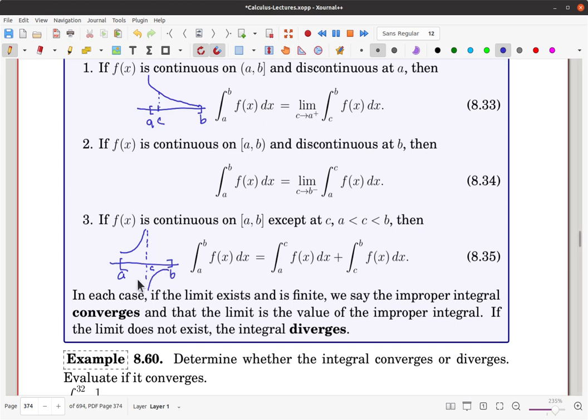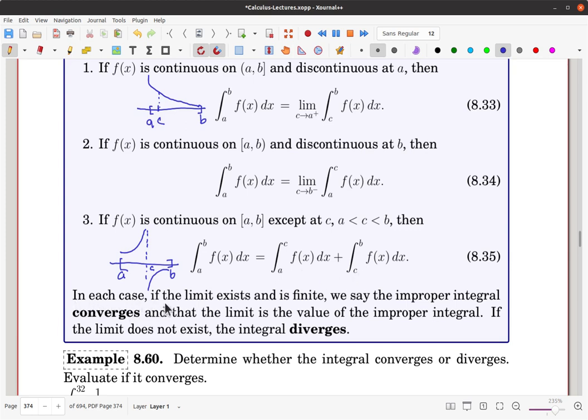Once it is happening, then you have to consider the integral part by part, from A to C, and now from C to B. For each one, if the limit exists, then we say that the integral is convergent. And so in this case, you have to have the limit for both of them.